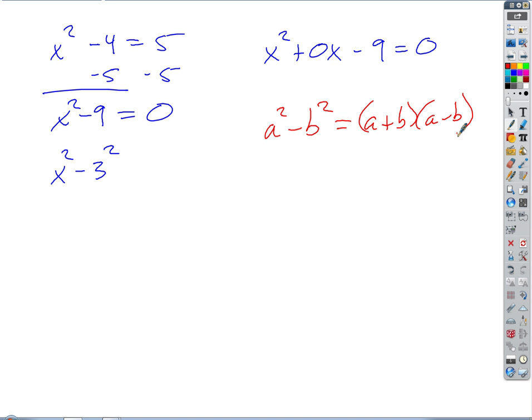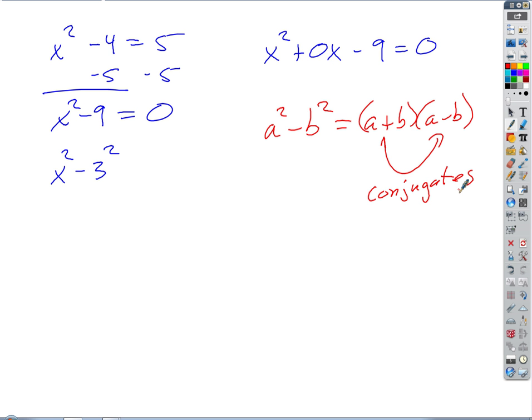In math, these are what we call conjugates, where they have the same terms but different sign in between. The sum times the difference is a conjugate, okay? And that'll come up a lot. Comes up a lot all the way through calculus.